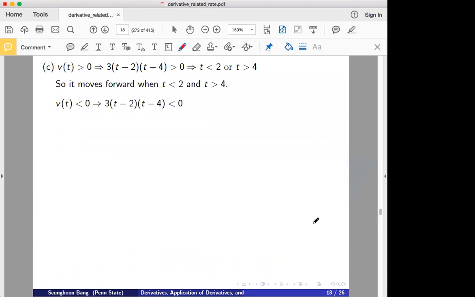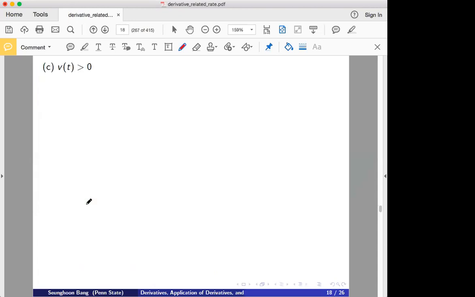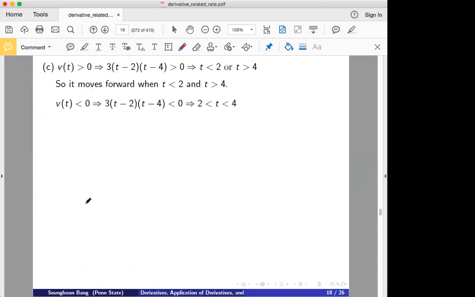The D. What's the D? Find the total distance traveled by the particle during the first 5 seconds. First 5 seconds. So how can you find this kind of thing?